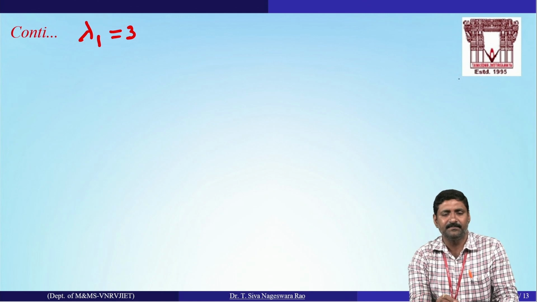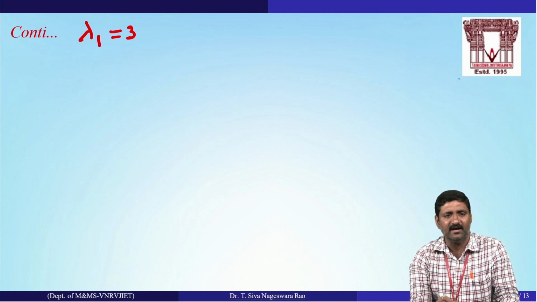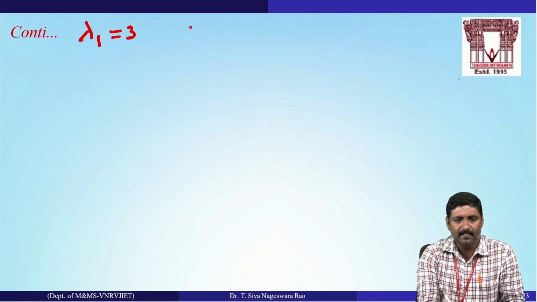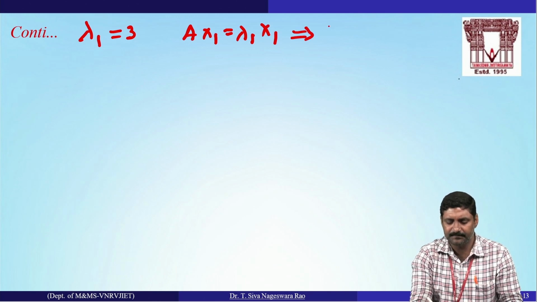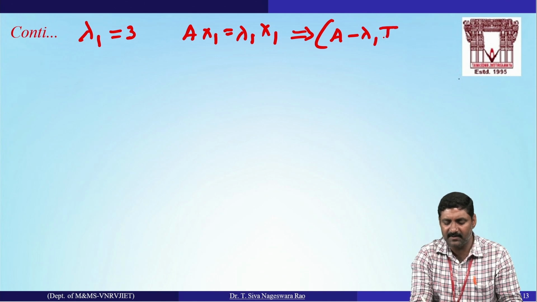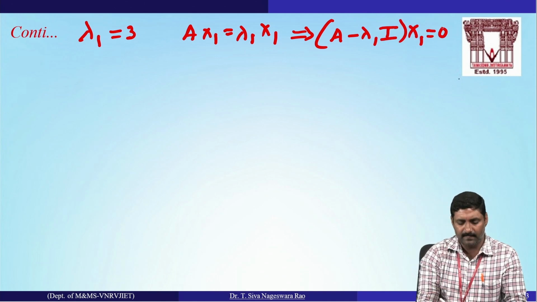Earlier we discussed: if lambda is any eigenvalue of A, then there exists a non-zero vector X such that AX is equal to lambda X. Here I will write A into x1 is equal to lambda 1 into x1.